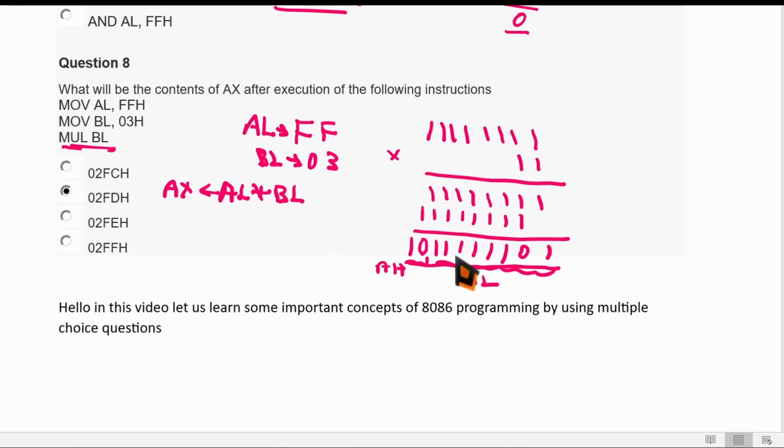But in AL you have 1, 1, 1, 1, these 4 ones, then 1, 1, 0, 1. So this will be F and this will be 8 plus 4, 12 plus 1, 13, which is D. So FD is the correct answer.